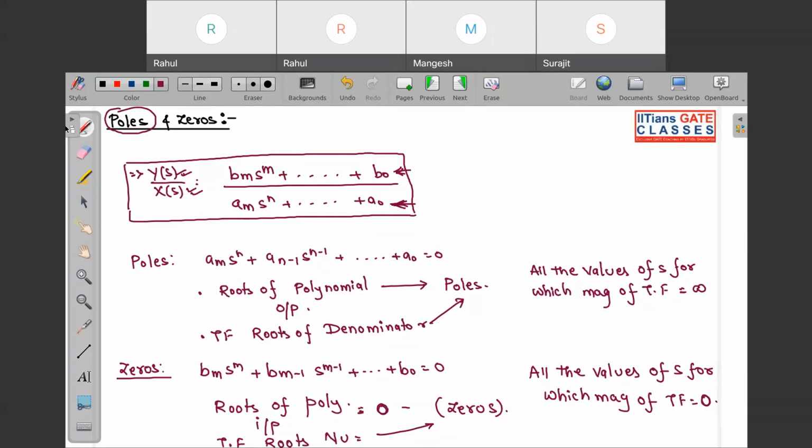Even if you represent a system using a state space model, we have poles and zeros. Even in advanced control systems, non-linear control systems, distributed control systems, every place you will have poles and zeros of a system. So it plays a very important role. Okay, so the complete definition of poles and zeros I have written over here.